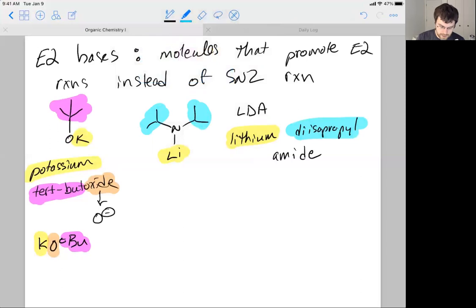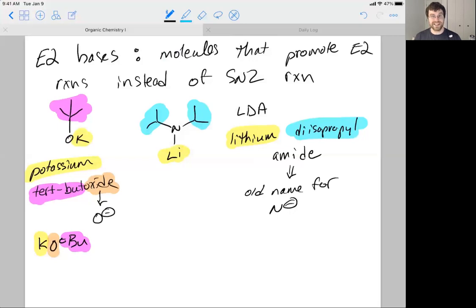And then the amide is actually a horrible name. Amide is one of the most important functional groups in chemistry and biology. But in this case, amide is the old name for N-. Okay, so these are our E2 bases.